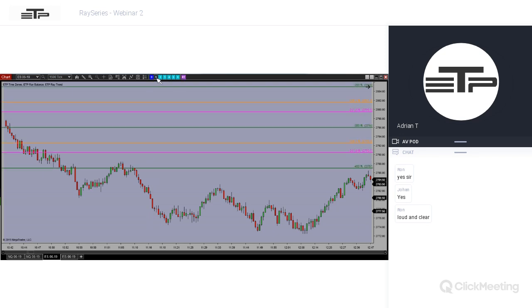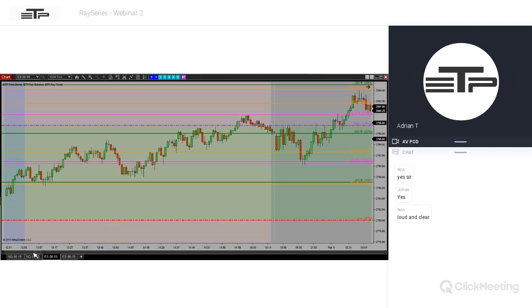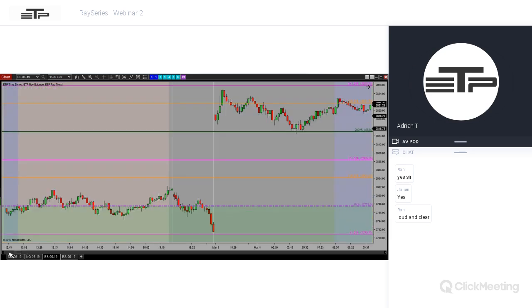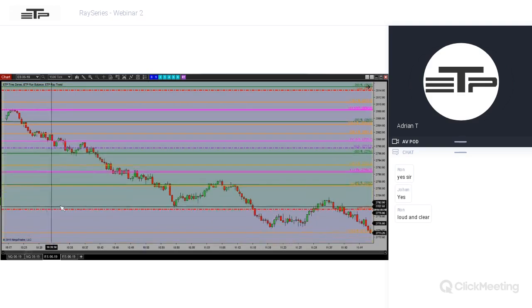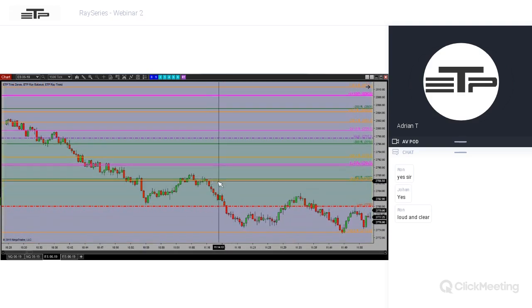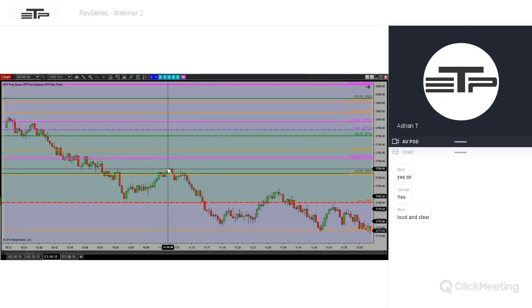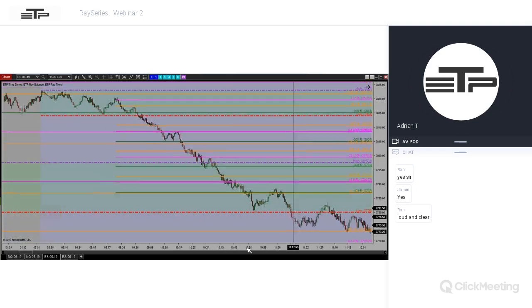First of all, we're going to turn on today and the day before. As you can see, we have a high from the down move, we had a retracement, and this put in a high.